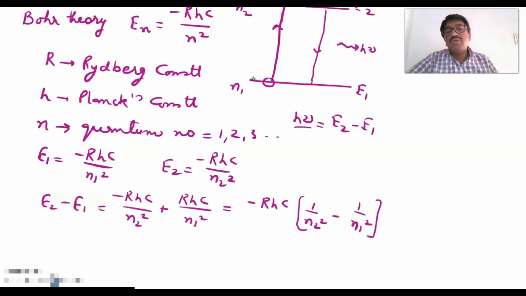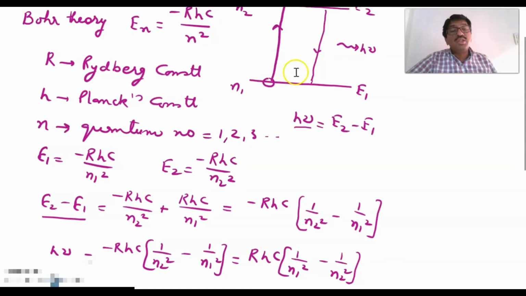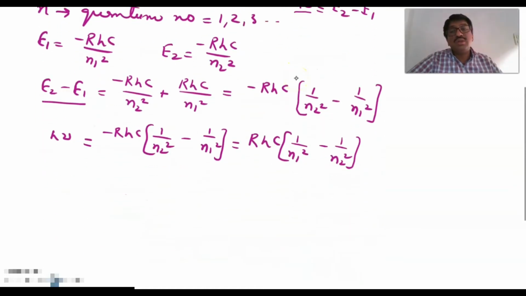This is the energy, and we know that E2 minus E1 should be equal to h nu, so it becomes minus RHC times 1 upon n2 square minus 1 upon n1 square, or we can write, if we multiply by minus inside the bracket, RHC times 1 upon n1 square minus 1 upon n2 square. This is the h nu, or we can say the energy of the emitted photon.